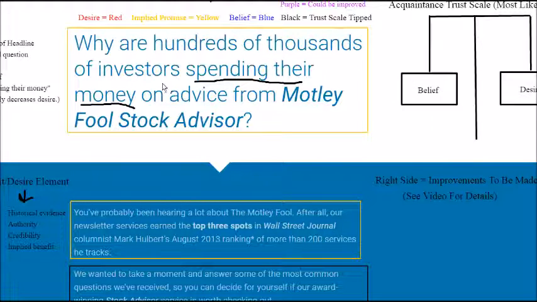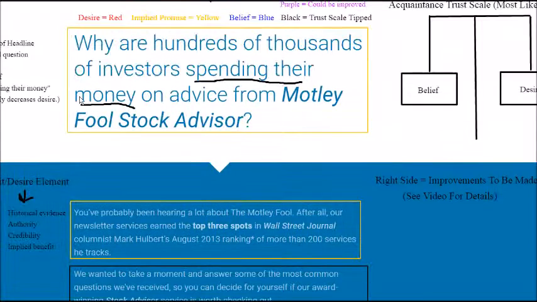So it would be, because the money they spend on Motley Fool is nothing compared to the returns they get over the next couple of years, and then into a testimonial. Or you could just change this to getting or relying on advice from Motley Fool Stock Advisor. See what I'm saying?